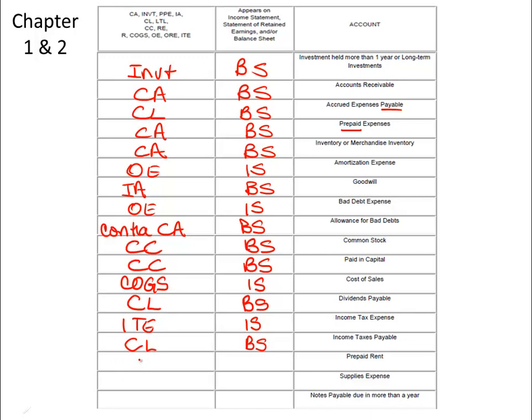Prepaid rent is a current asset, so it's on the balance sheet. Supplies expense is an operating expense, so it's on the income statement. And finally, notes payable due in more than 1 year is a long-term liability, and so it's on the balance sheet. So I hope this has helped you classify accounts.